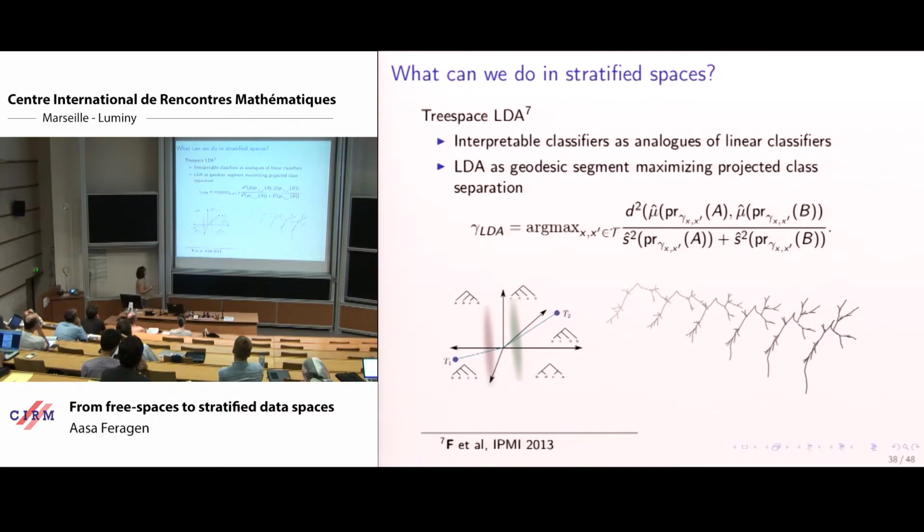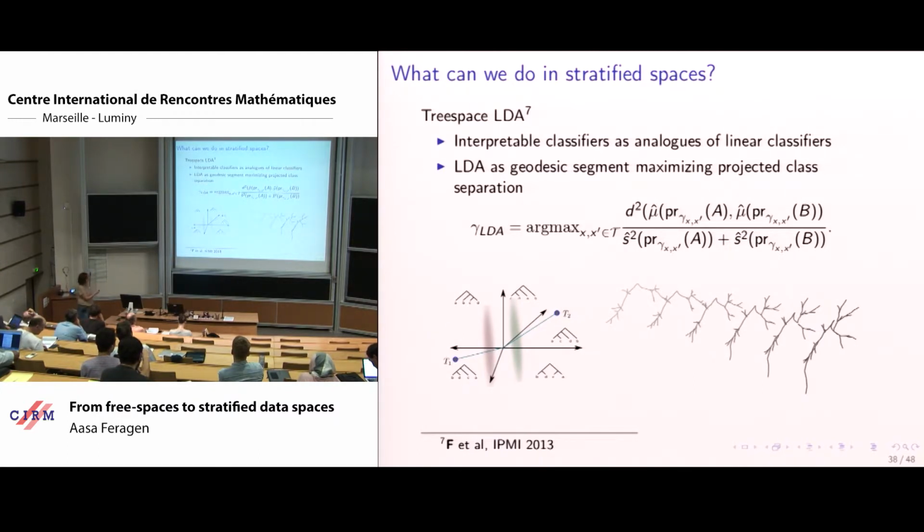You could also define interpretable classifiers in tree space, again using geodesics in this way. One way that we have done this was by trying to find the geodesic segment that maximizes class separation when you project all your data onto it.